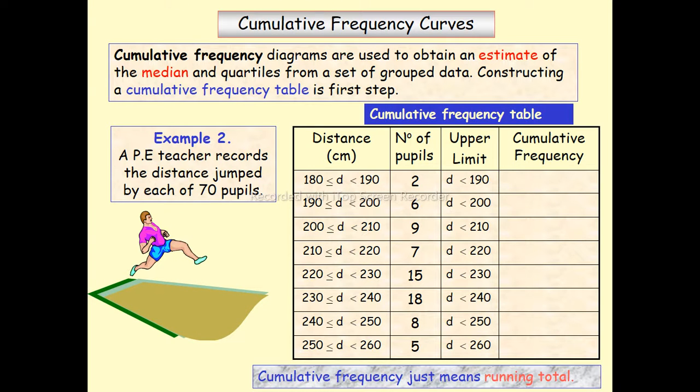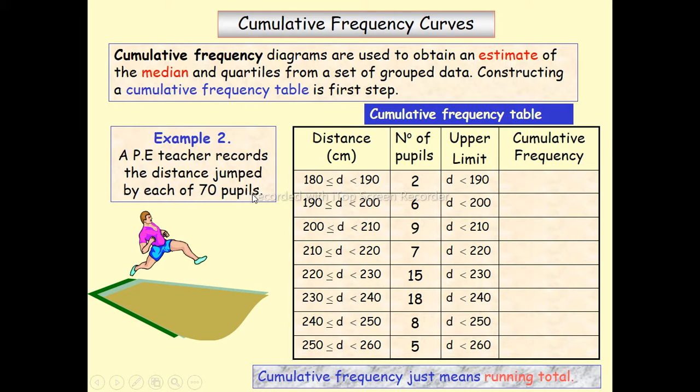Okay, so this right here is each class. The example is that a PE teacher records the distance jumped by each of his 70 pupils, right?